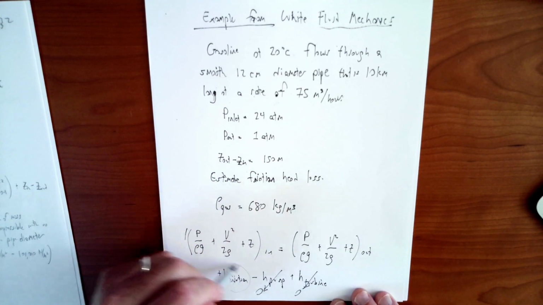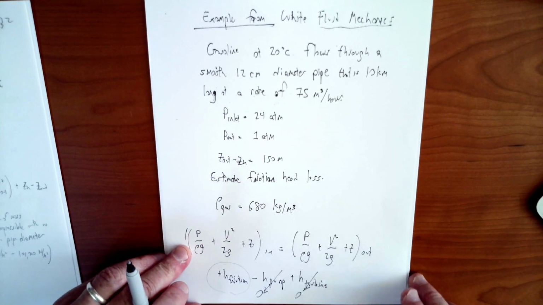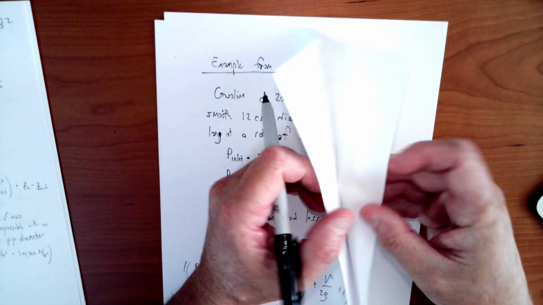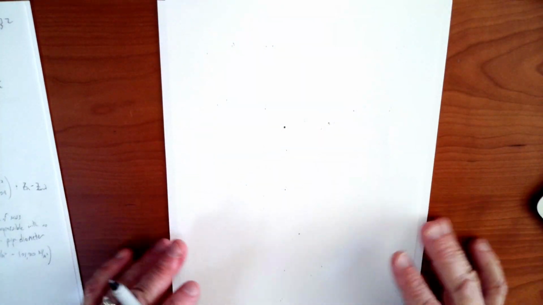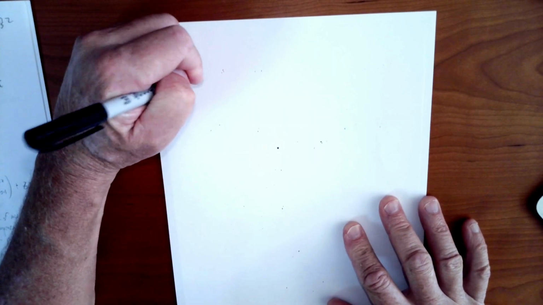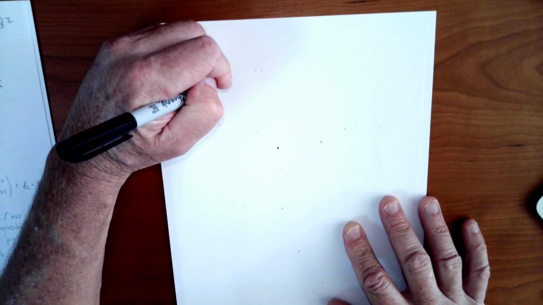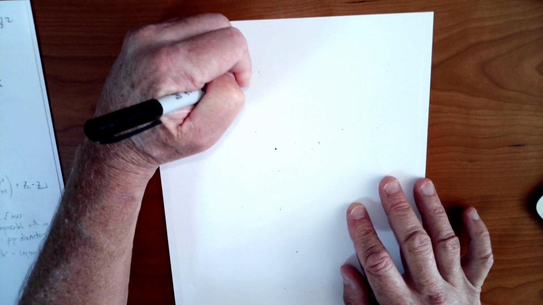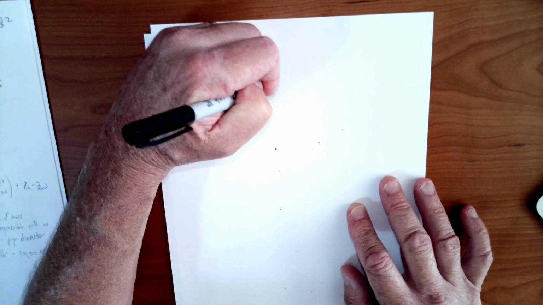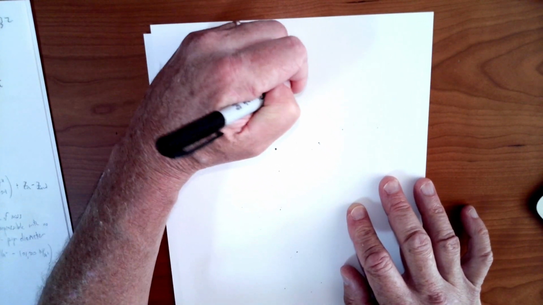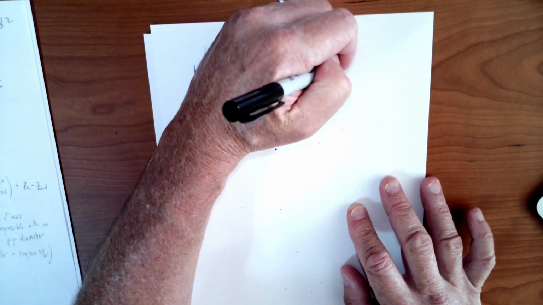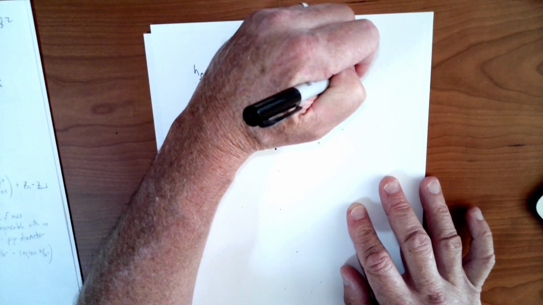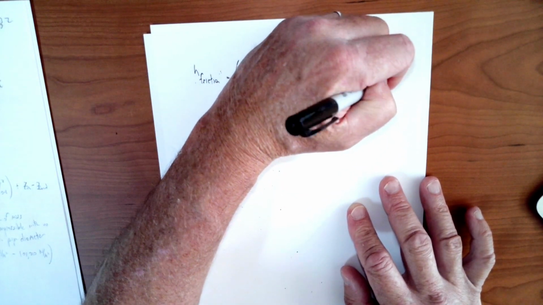Now I'm going to rewrite this and solve it for H friction, since I've been asked to find the friction head losses. I have to make sure my signs are right. H friction is equal to P over rho g plus V squared over 2g plus Z at the inlet, minus the outlet P over rho g plus V squared over 2g plus Z at the outlet.